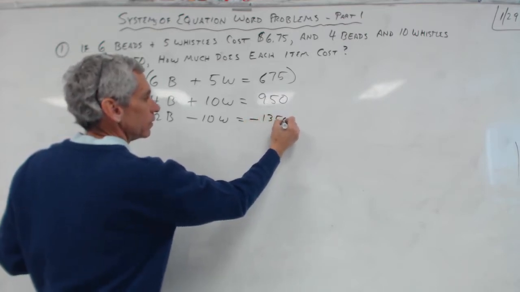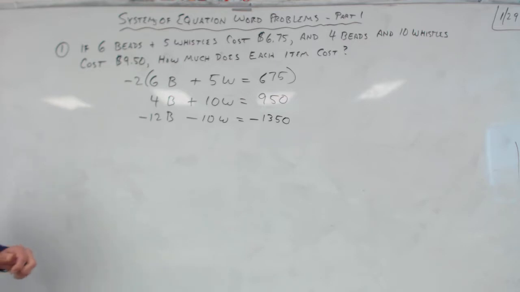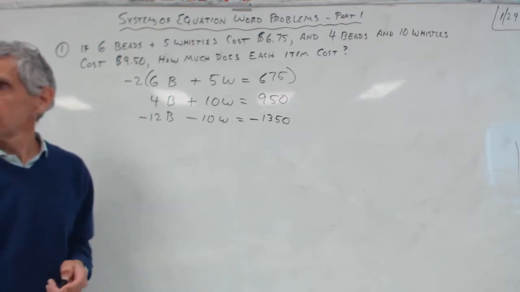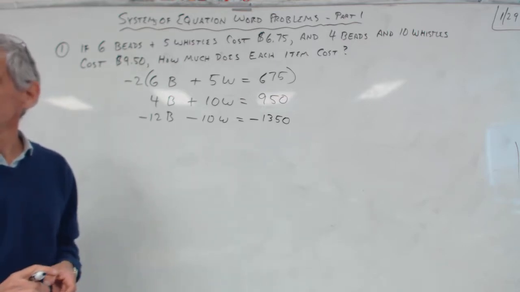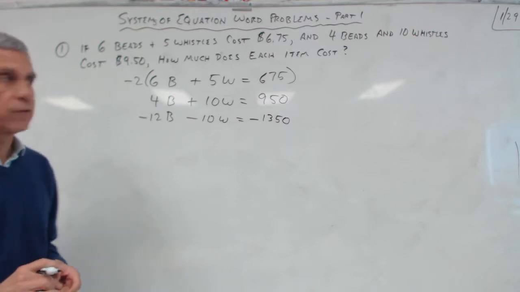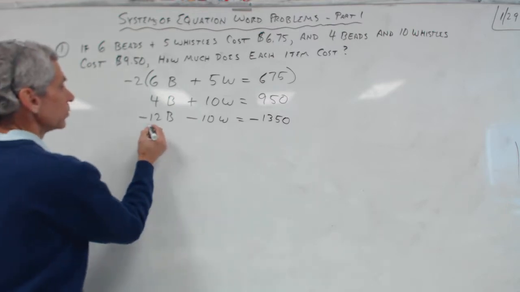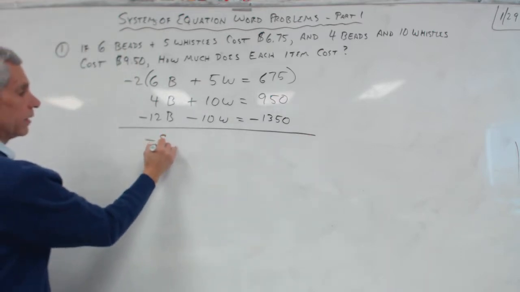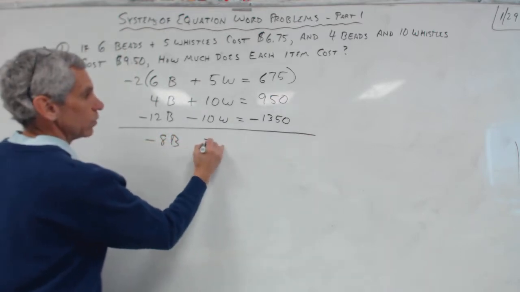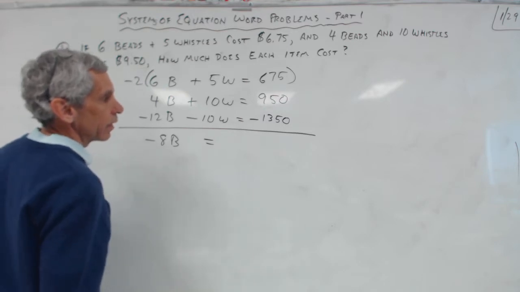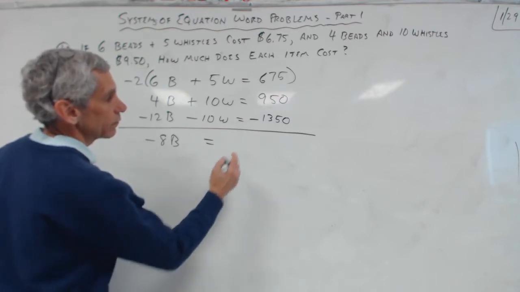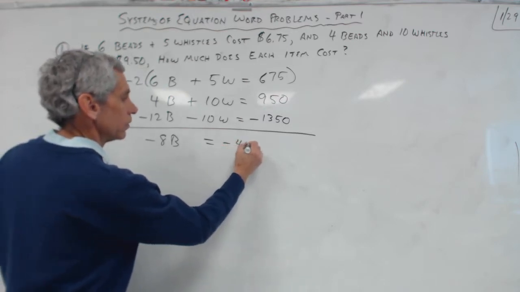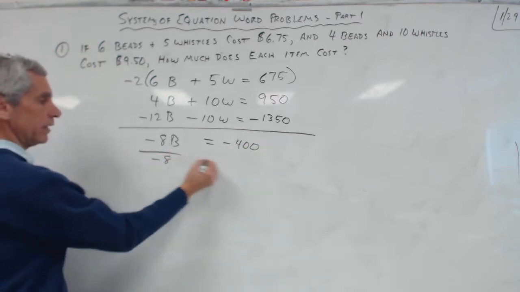Did I do that right? 600, 1200 plus 150, yeah, 1350. So now I'm going to combine them. I've got negative 8B equals negative 400. Okay, divide by negative 8.